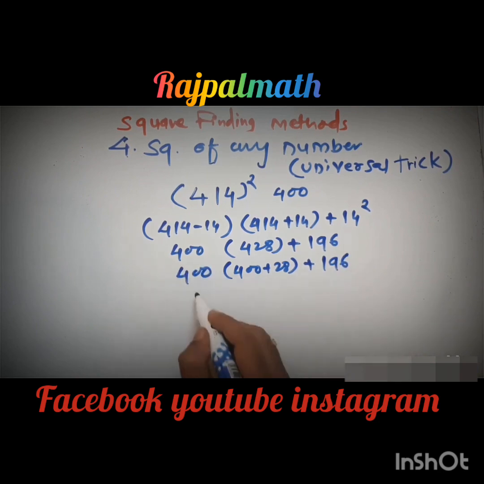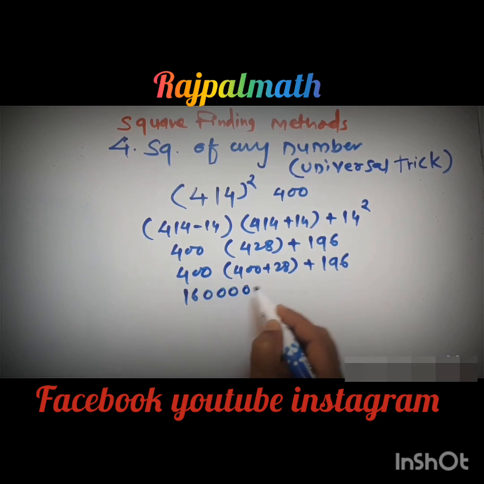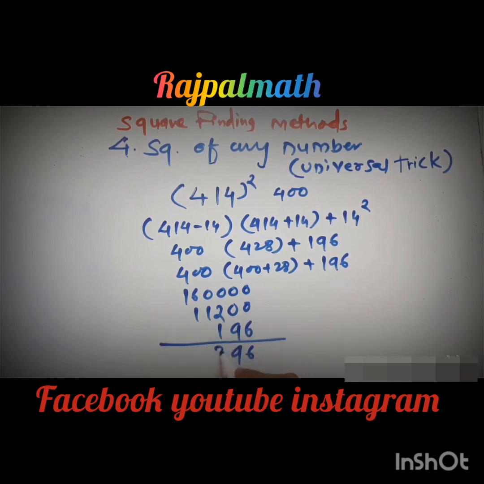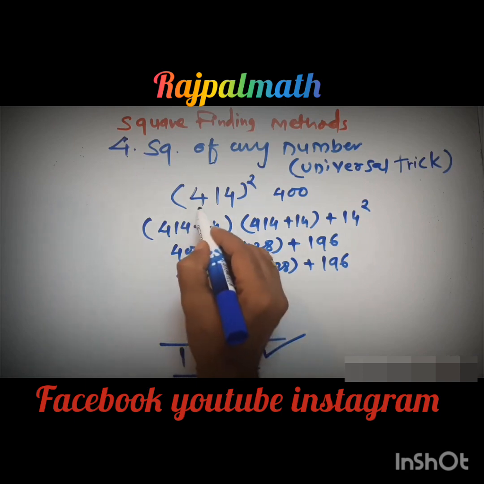So 400 into 400, I'll write 16 and 4 zeros. 28 into 4, so I'm writing 2 zeros, and 28 into 4 is 112, plus 196, which is my answer. So 171,396 is the square of 414.